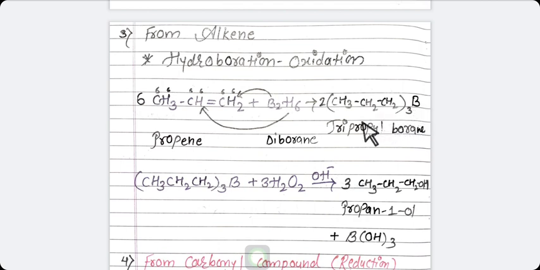So just see here, I am writing 2 (CH3CH2CH2)3B. 3 twos are 6, and 2 boron. Boron is attached with this carbon atom and hydrogen is attached with the CH group.